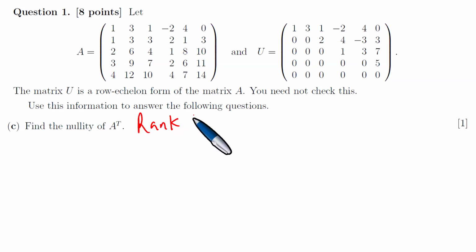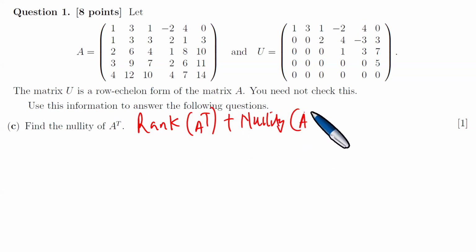You can say the rank of A transpose plus the nullity of A transpose equals the number of columns of the transpose, as you switch the columns and the rows around. The size of the matrix A, or even U, is 5 by 6.